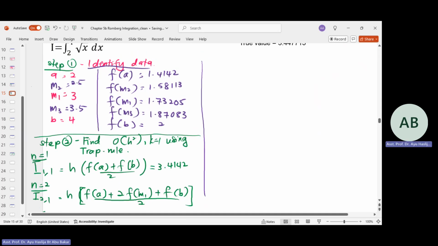Now, moving forward, n equals 4, multiple trapezoid as well. So, I31.